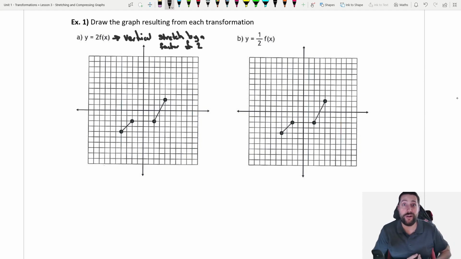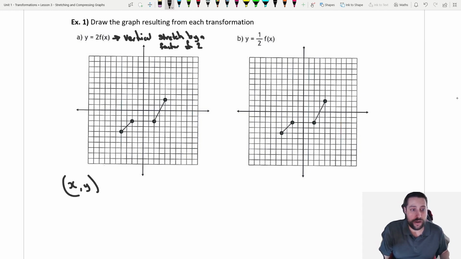We're basically stretching out all the y values. So if we map out the pairs x, y, and then do the mapping notation, we are going to multiply all the y values by 2.